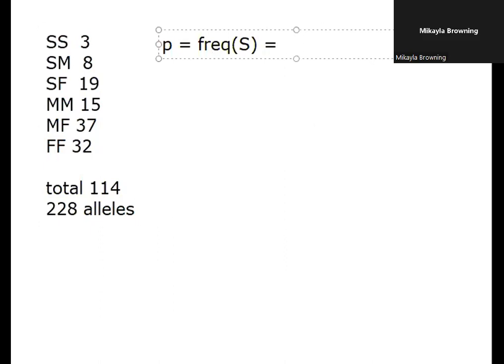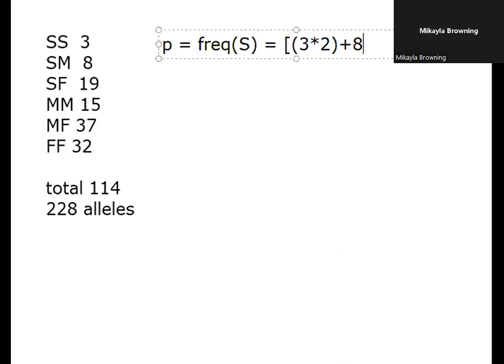How do we calculate that? Well, we've got 228 alleles. How many of them are S alleles? The SS, we have 3 individuals that have 2 S alleles, so that's 3 times 2.